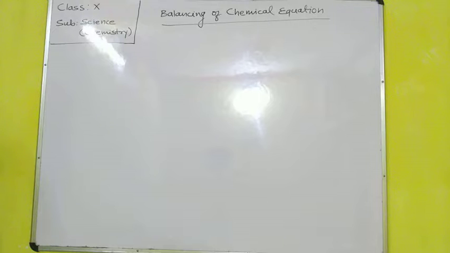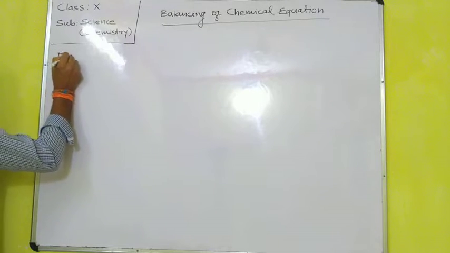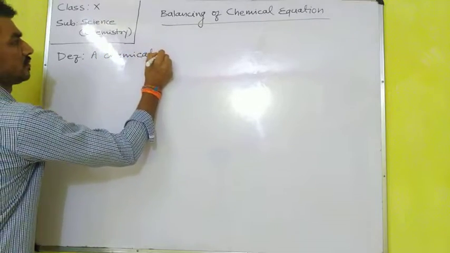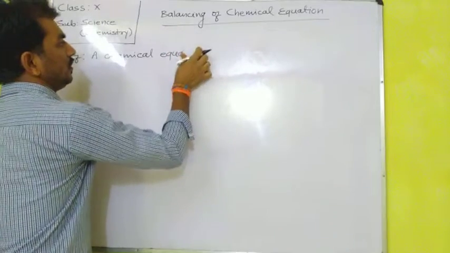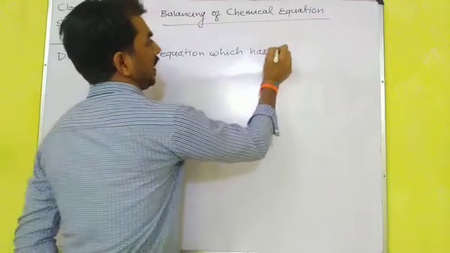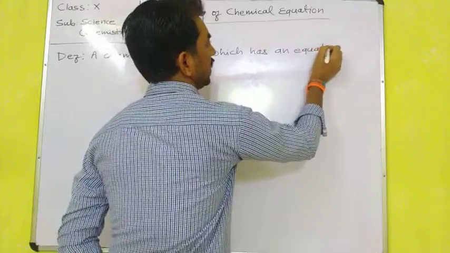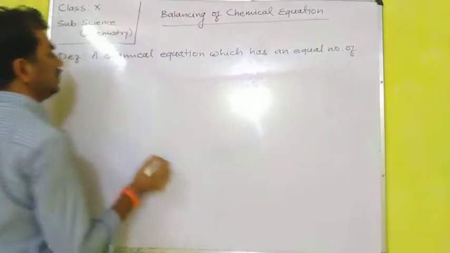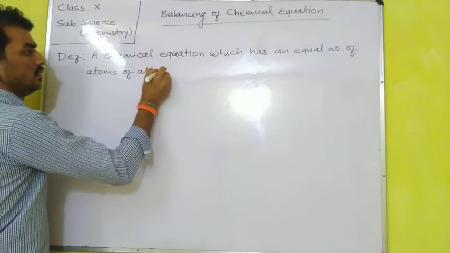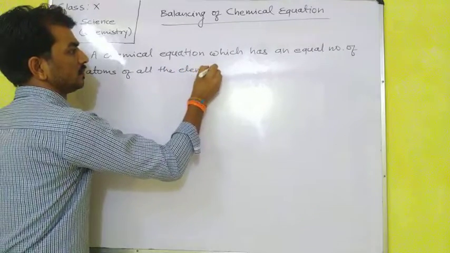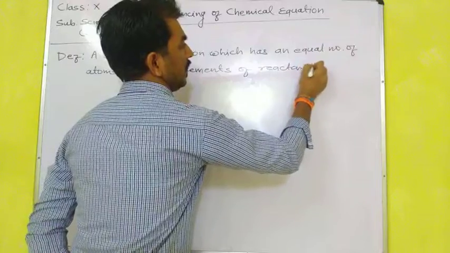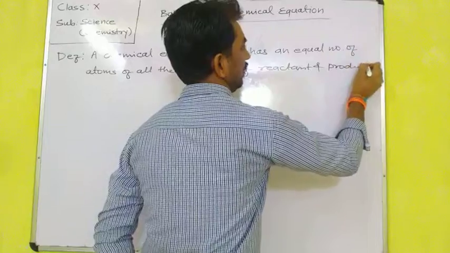So what is balancing of a chemical equation? The definition of a balanced chemical equation: a chemical equation which has an equal number of atoms of all the elements of reactant and product.